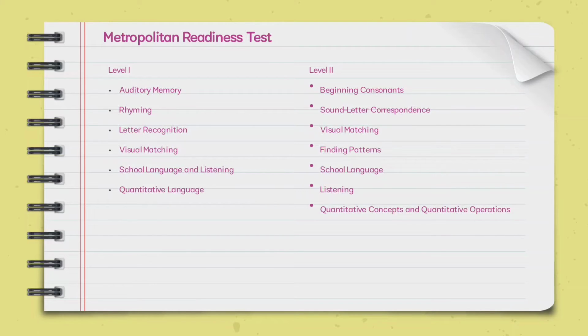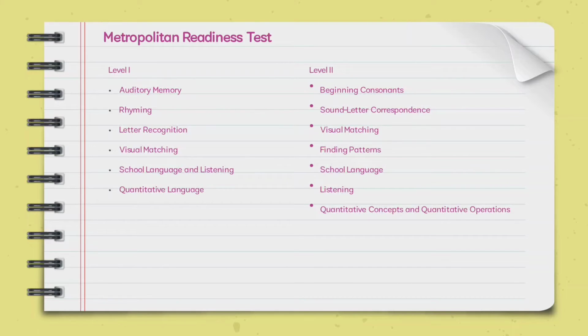These tests assess comprehension of quantitative terms and knowledge of ordinal numbers and simple mathematical operations. The next level is level 2. First is the beginning consonants. Four pictures representing familiar objects are presented in the test booklet and named by the examiner.